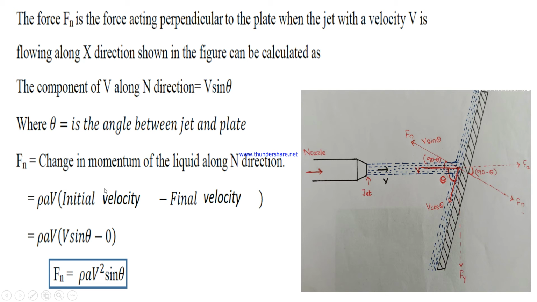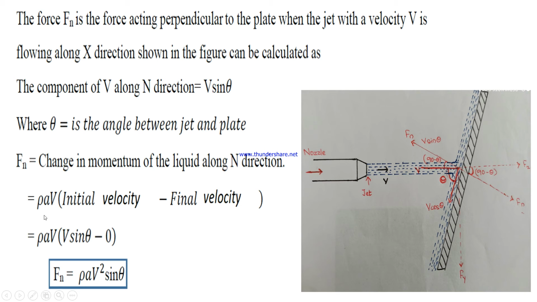By applying the impulse momentum principle, the normal force Fn equals the change in momentum of the liquid along the normal direction. We are calculating the normal force, so we take the change of momentum along the normal direction.